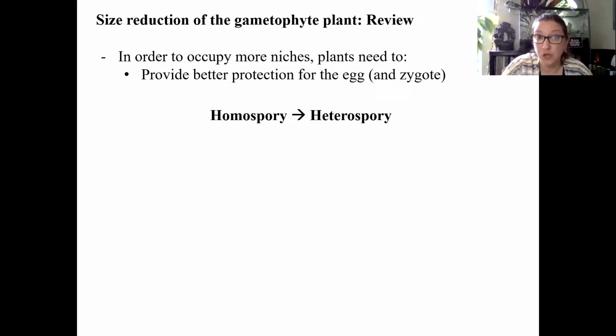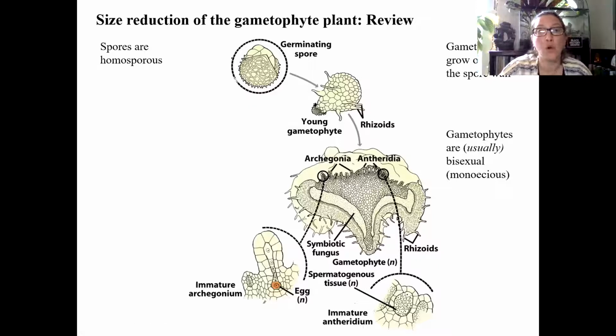But in order to have a reduced gametophyte plant, we need the sporophyte plants to go from producing homosporous spores to producing heterosporous spores. That's how we're going to get to our gametophyte plant being more reduced.